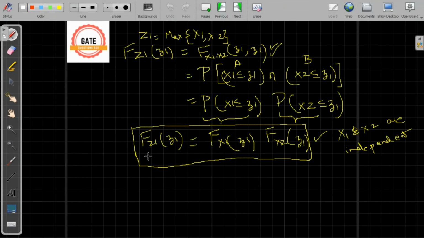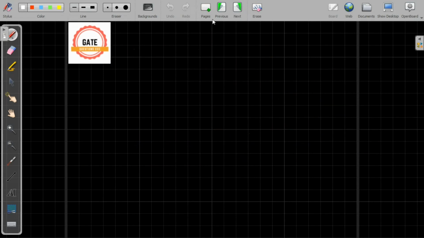We can generalize these two results for n variables. Say we have n random variables X1, X2, X3 up to Xn, and we want to know what will be the CDF of Z equal to the maximum of X1, X2 up to Xn.